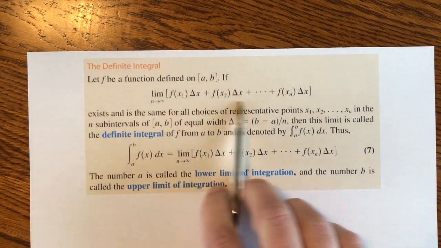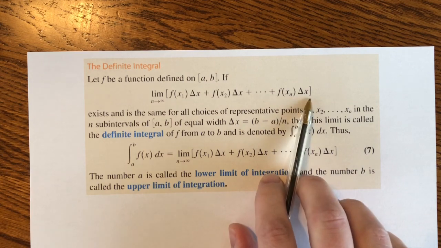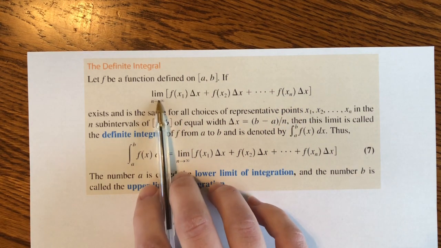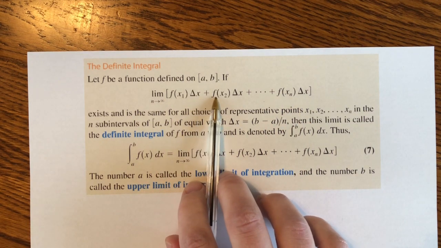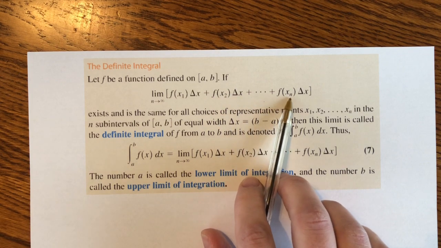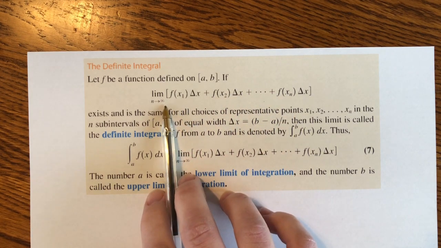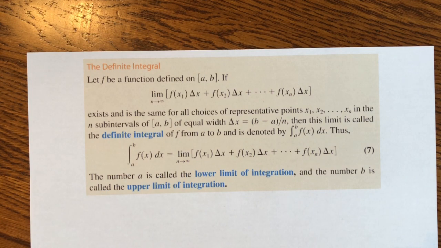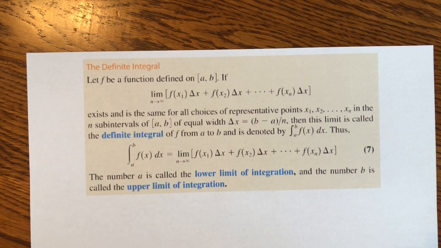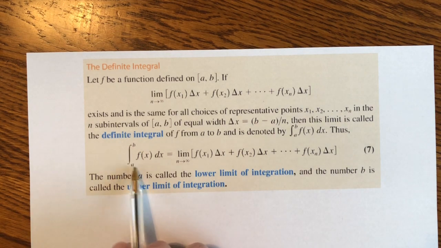This is going to be that notation. This is just telling us that the limit of all of the areas of the n number of rectangles as n approaches infinity is going to be equal to that definite integral. That's what we're going to be calling it now. So this notation is what we want to be focusing in on.